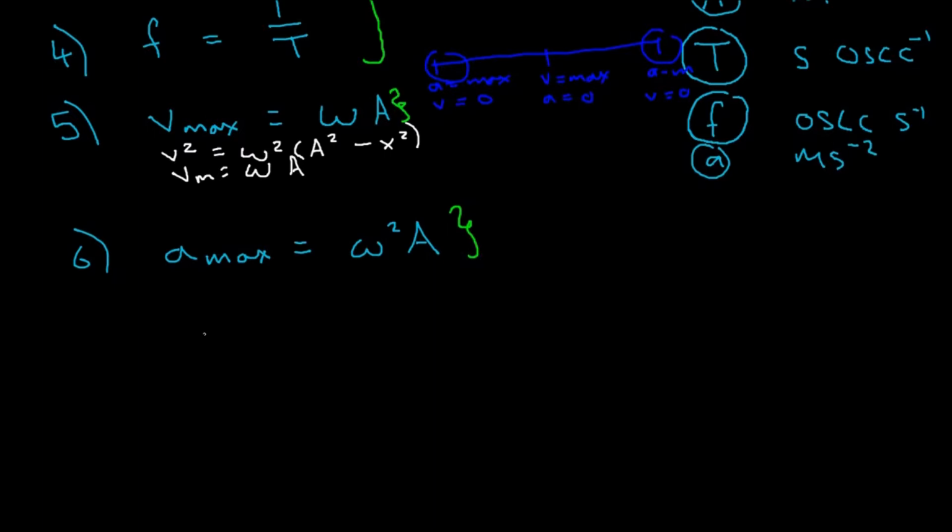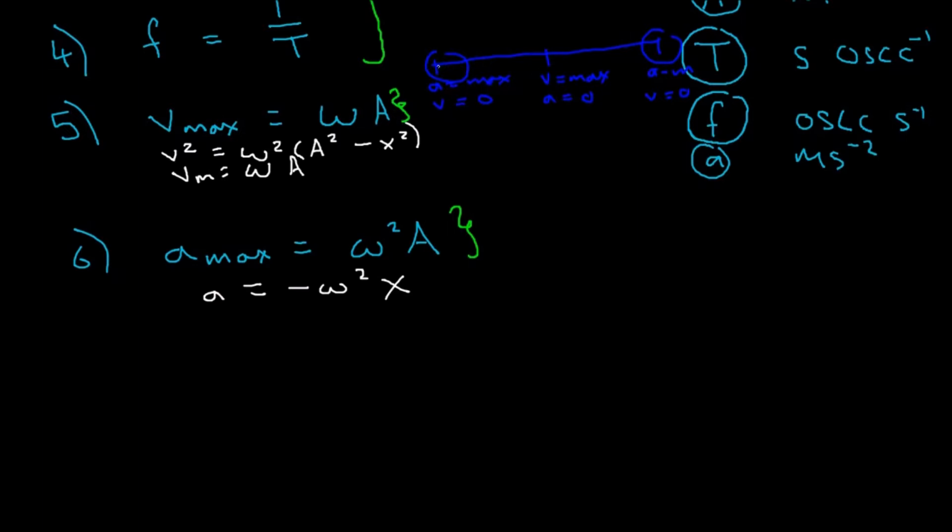So if you look back at the equation where I had A is equal to minus omega squared x, you're going to start off with this, and to get the maximum acceleration, we'll look back at this diagram. Maximum acceleration occurs when the particle is at the amplitude. So in terms of the pendulum, the bob was at the very end. So that's the point when velocity is 0 and acceleration is maximum.